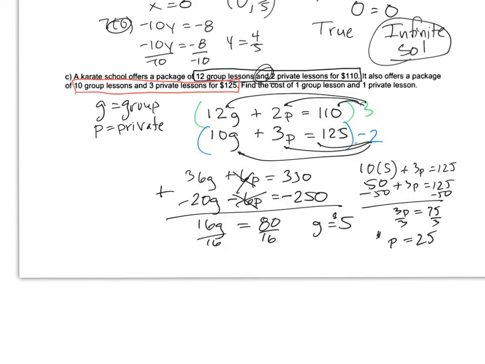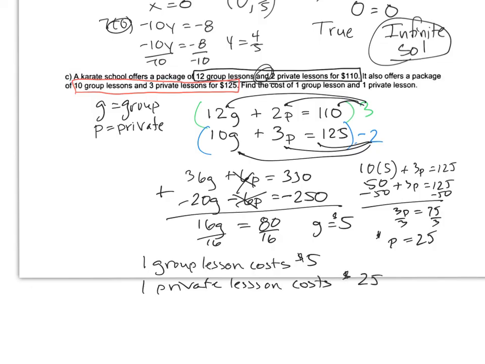So I don't know if I'm supposed to add them or not, but I'm just going to write this as 1 group lesson costs $5 and 1 private lesson costs $25. So not the $30, you don't have to add them together, just one of each.